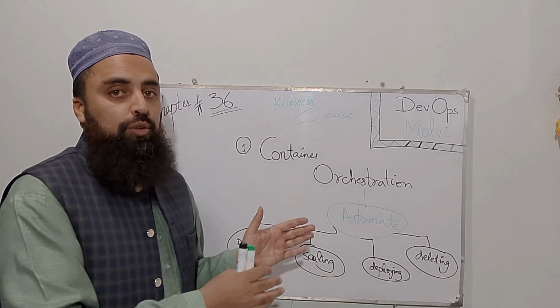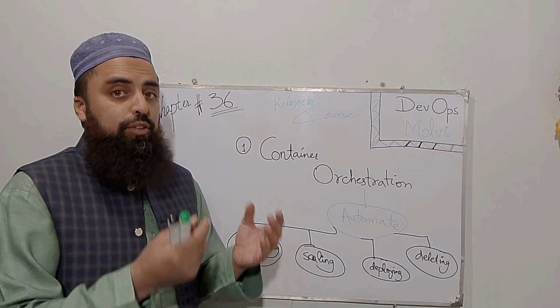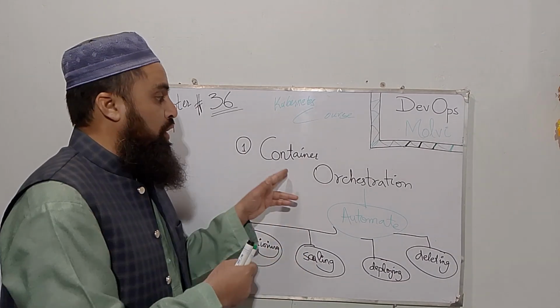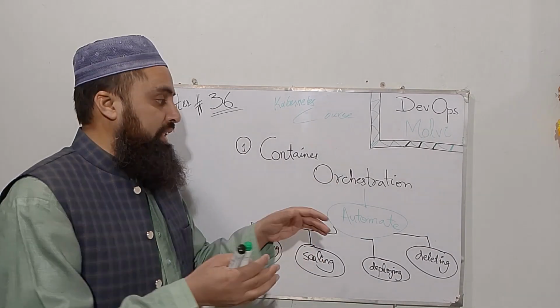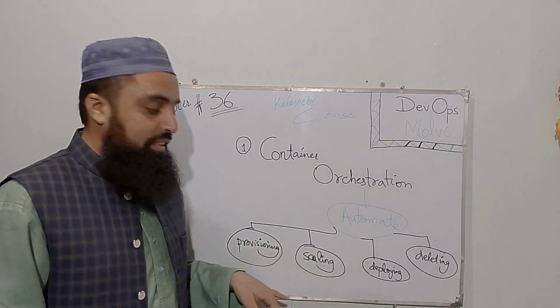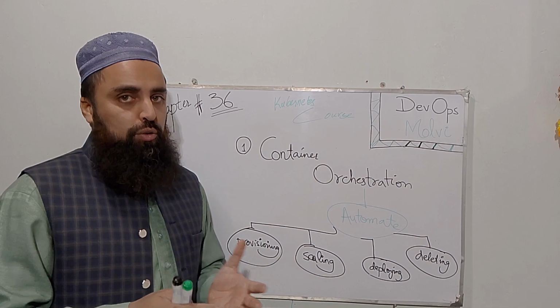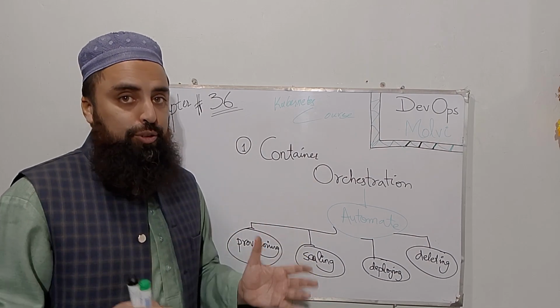So this is the first key concept. What is Kubernetes used for? It is used for container orchestration. Orchestration is a process which automates these features. It is a fully automated process, and Kubernetes does it without any issues.